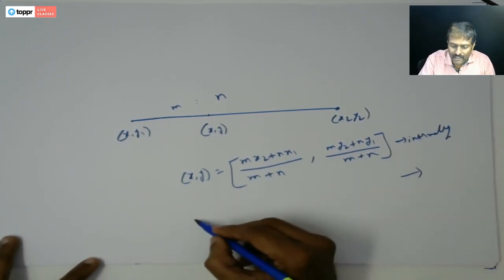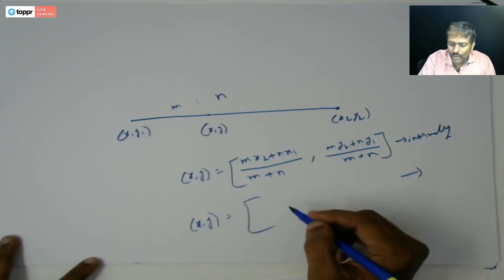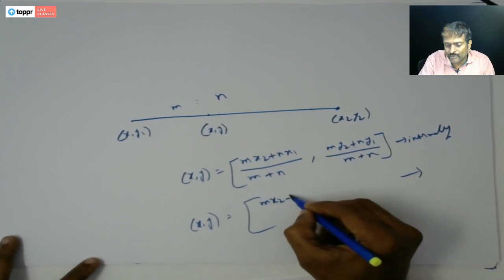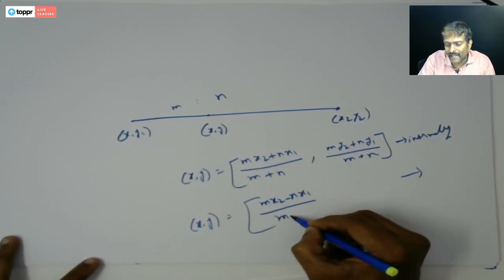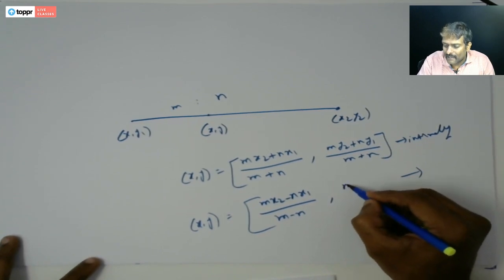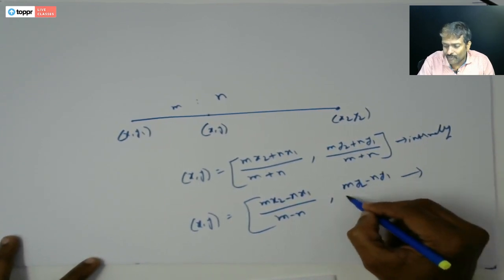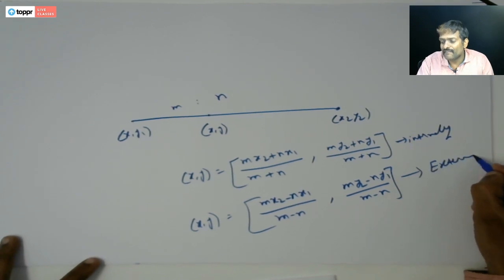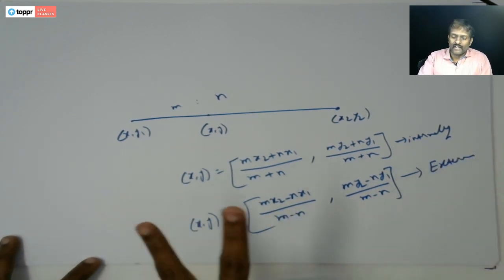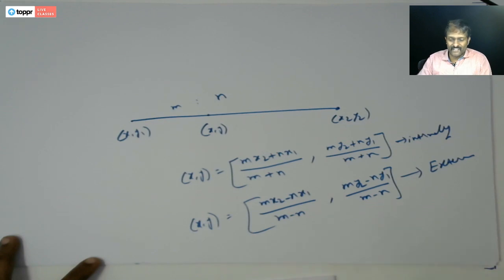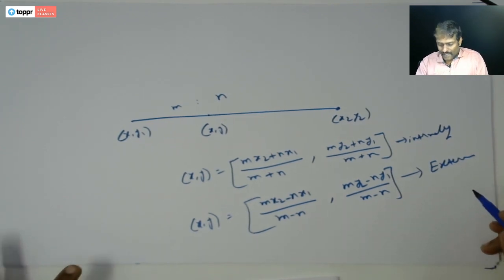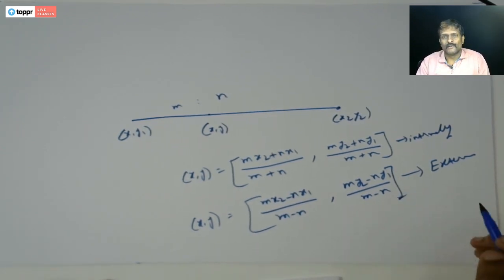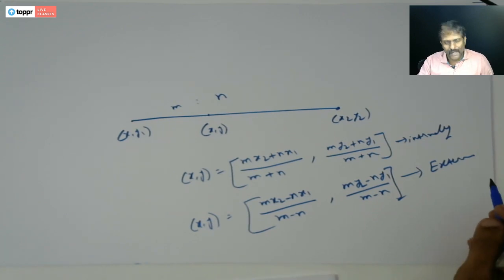And if it is external, it would be (mx2 minus nx1) by (m minus n), and (my2 minus ny1) by (m minus n). This is the external division, like when a point is dividing the line joining 2 points externally in m to n ratio, then it would be this formula. I hope I have answered your doubt.